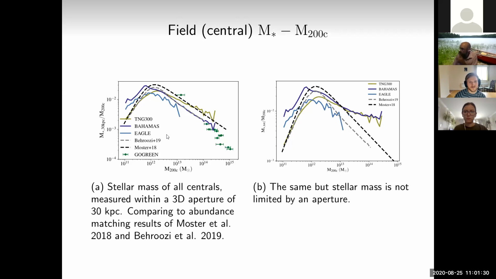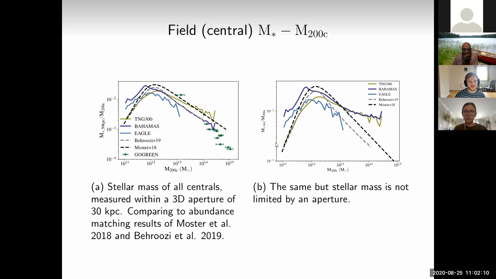And on the left, you have stellar mass measured within a spherical aperture of 30 kiloparsecs, which is a number chosen to best match observations at redshift 0, and it appears to work quite well with observations in this case. It seems like that's the kind of range within which observations can measure stellar mass. Whereas on the right, I use the total, which is using all of the stellar particles which are bound to a halo, and that's the stellar mass that's measured.